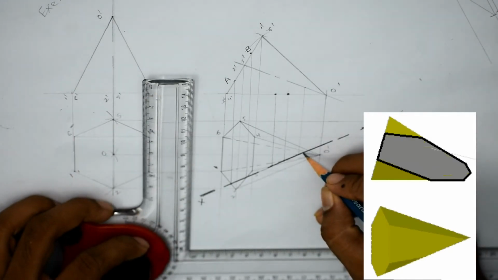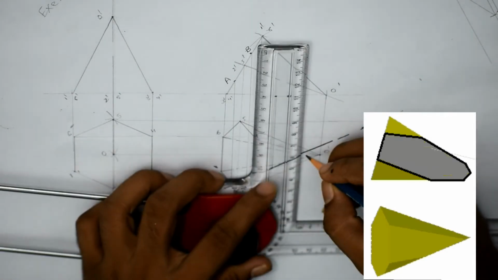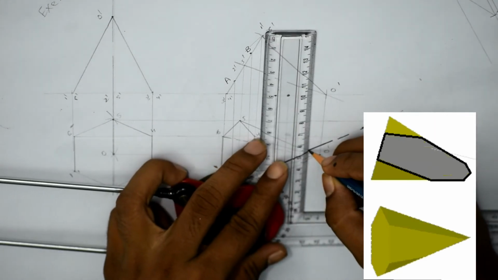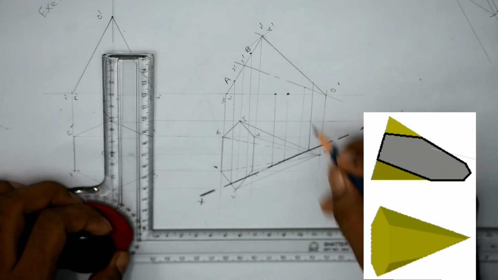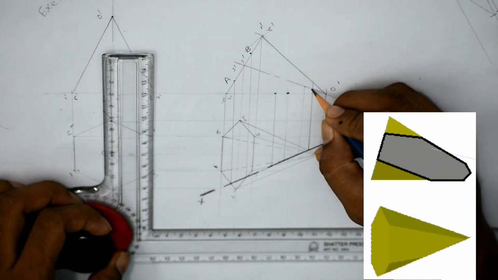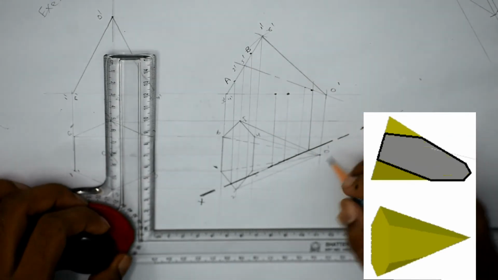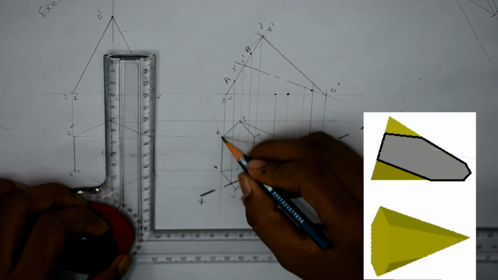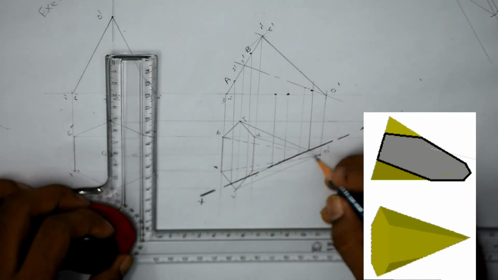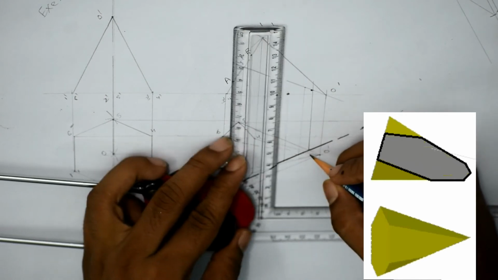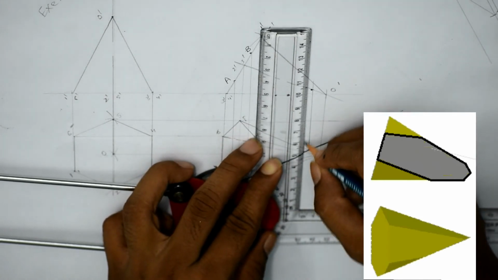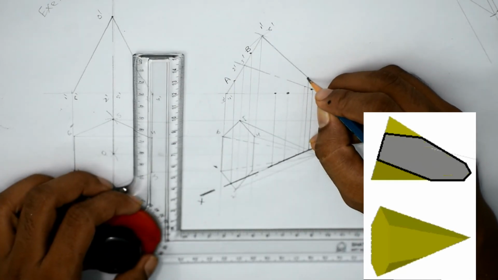Similarly, we will get 3 more points starting from here. We will take this corner. So this is the 5th point, and this is the 5th line. So you will get 1 point here, and the 6th corner or 6th edge is coming from this side, and it is being cut here. So our 6th point will come here.